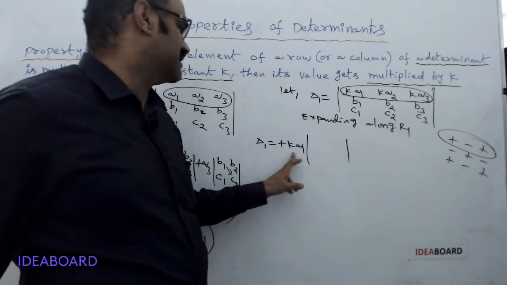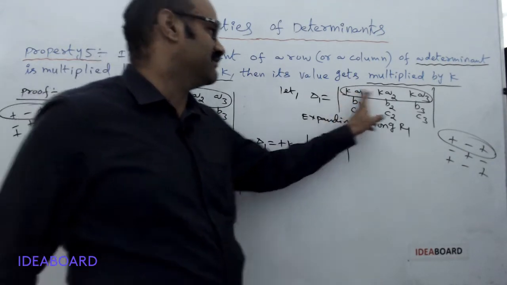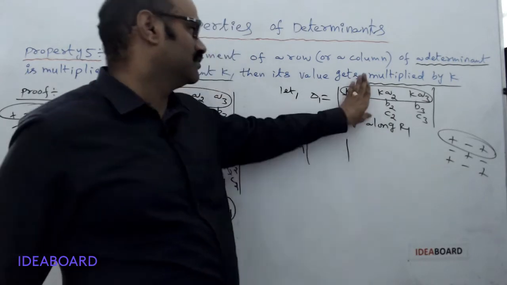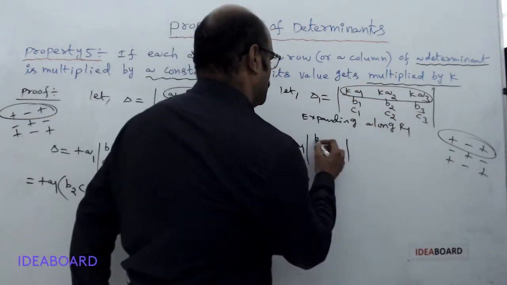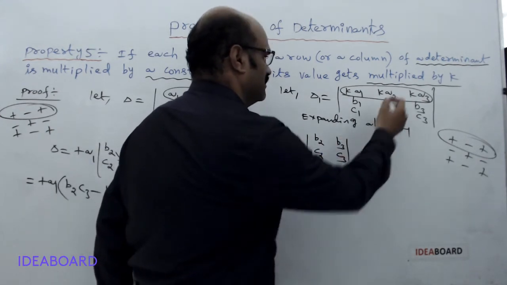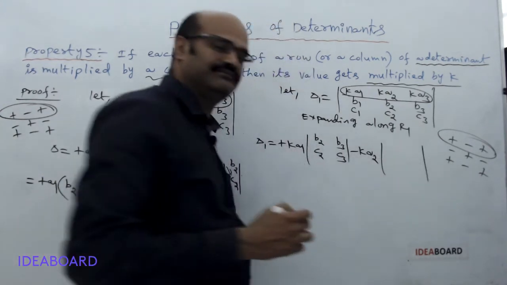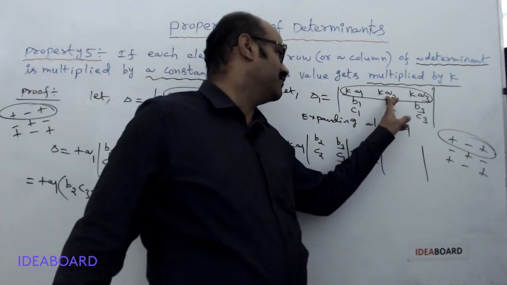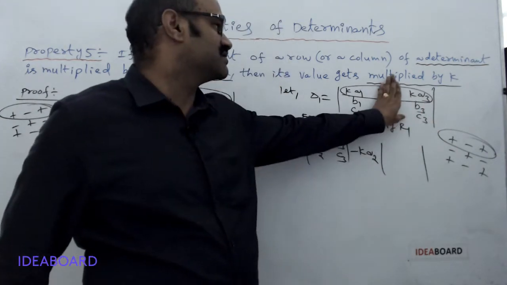So plus ka1 into, the element ka1 lies in first row and first column, so the remaining four elements we have b2, b3, c2, c3, minus ka2 into determinant of, the element ka2 lies in first row and second column. So close the first row and second column.